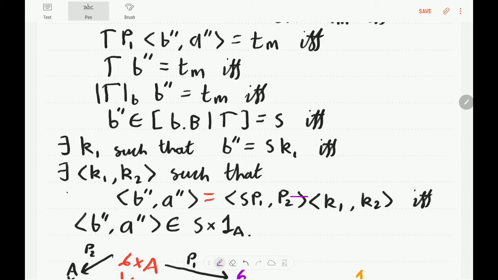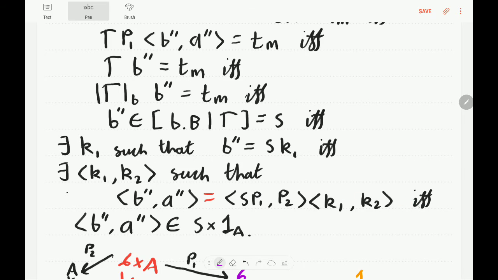But the second component of this equation doesn't really matter, because it's automatically satisfied: if we just set K2 equal to A double dash, we can always satisfy the second component. So since the second component is always satisfied, this equation can be satisfied if and only if it can be satisfied in the first component, which happens if and only if this last statement holds.